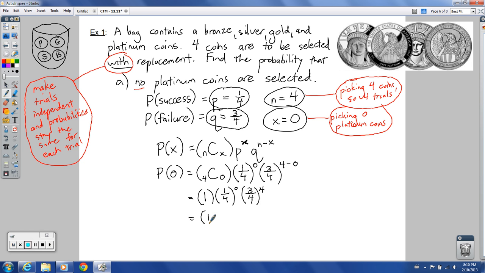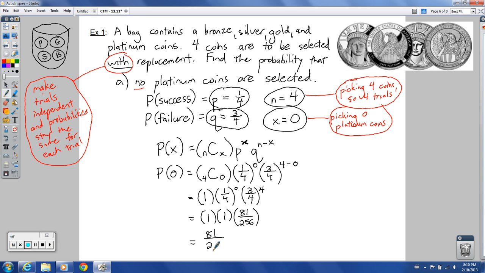This becomes, still got your 1. Anything to the 0 power except for 0 is going to be 1. That's just a rule of exponents that we need to know to do problems like this. And then here you have 3/4 to the 4th power. That's 3 to the 4th power on top and 4 to the 4th power on the bottom. That would be 81 over 256. So if we multiply 1 times 1, that's 1, and 1 times this is just that number still.